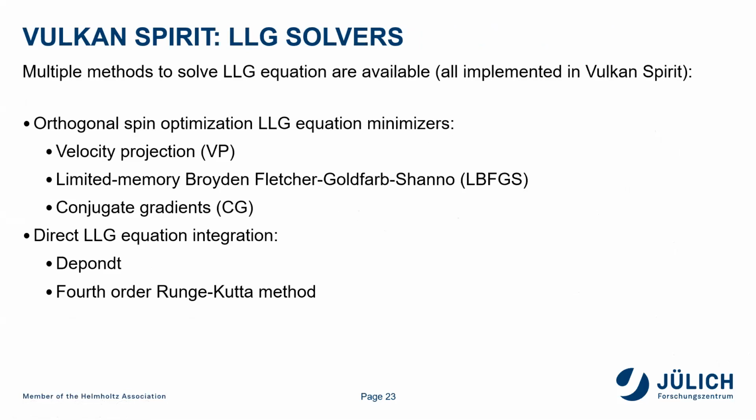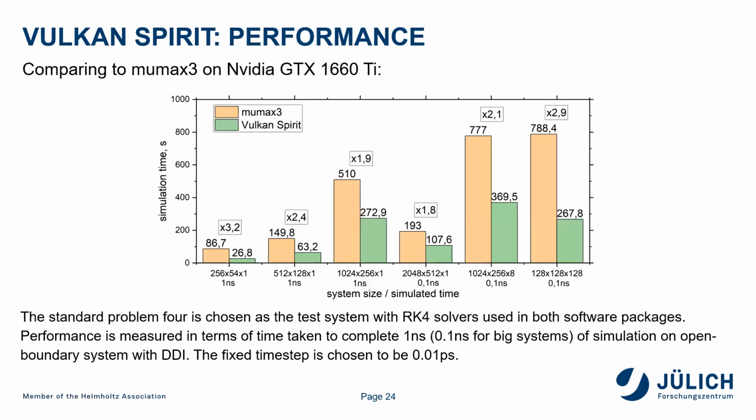I've also implemented some solvers in Vulkan, which were also optimized according to the memory transfers. So there are velocity projection, conjugate gradients, and direct integration techniques like Runge-Kutta. And here is an apple-to-apple comparison to the MUMAX3 code run on the same GTX 1660 Ti GPU.